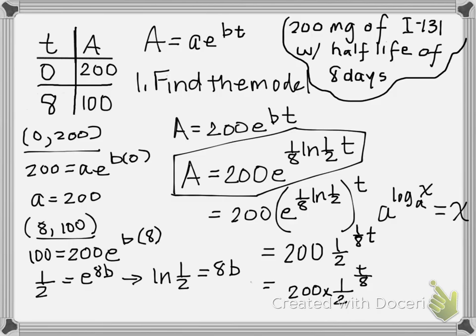Now, the second question that I would ask is something like, how many grams are left after 17 days? Well, now I've got the model, and not only do I have the model, I have the simplified model.